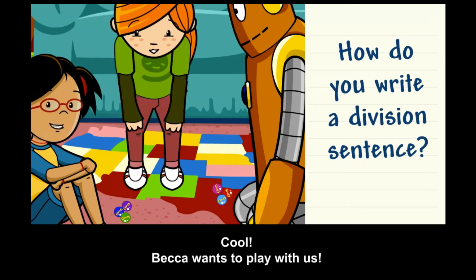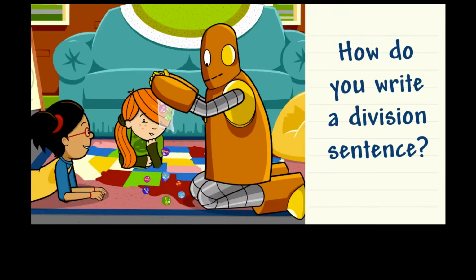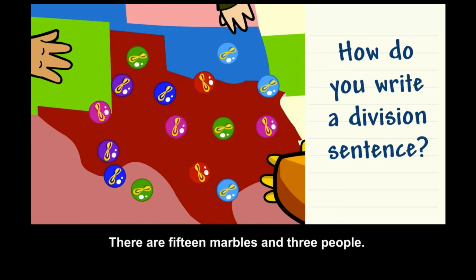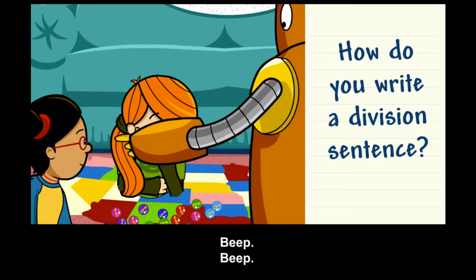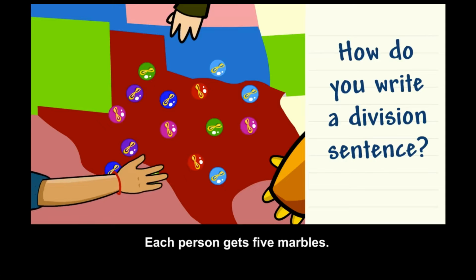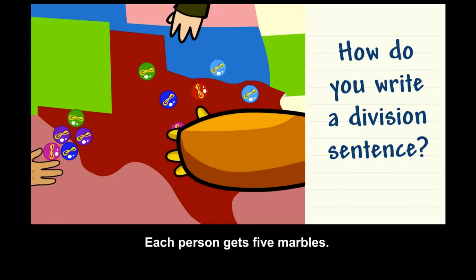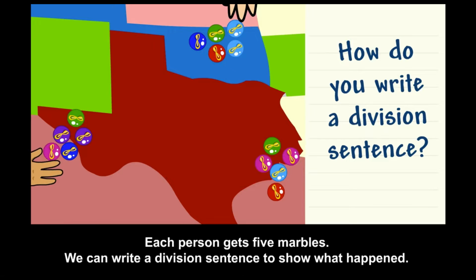Cool! Becca wants to play with us. There are 15 marbles and 3 people. So, how many marbles does each person get? Right, each person gets 5 marbles. We can write a division sentence to show what happened.